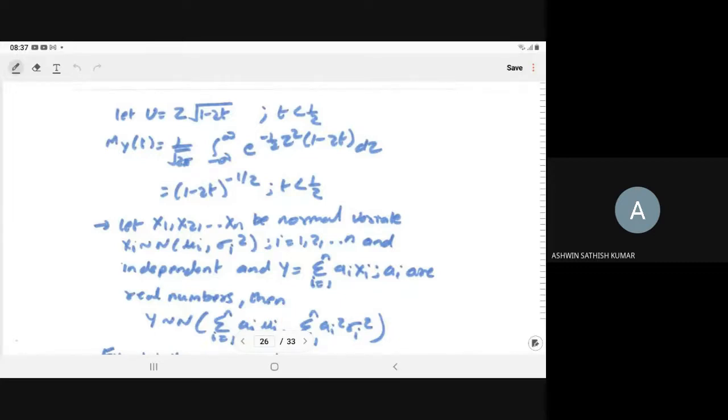This is the moment generating function for the chi-square distribution, so it implies that y follows the chi-square distribution with degree of freedom 1.